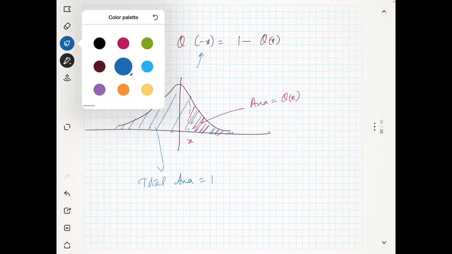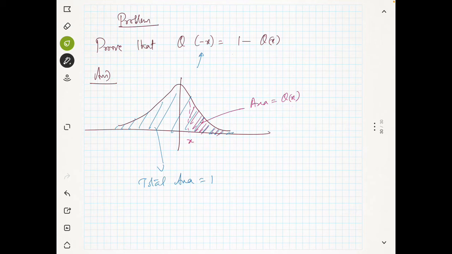Q of minus x means if this is the x, correspondingly you have minus x here, right? Then Q of minus x means you are starting from minus x and going to infinity. That means you are calculating from minus x to infinity, that much area.